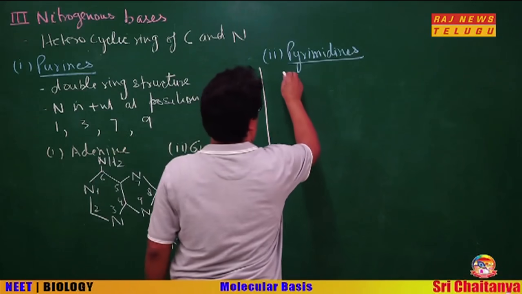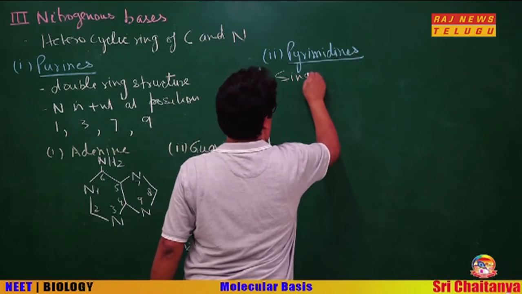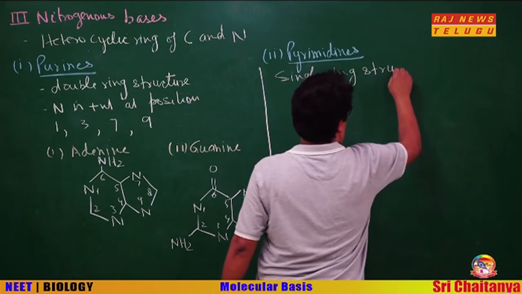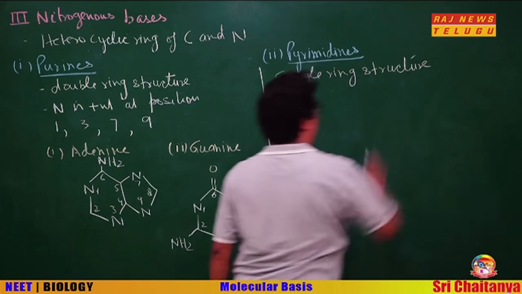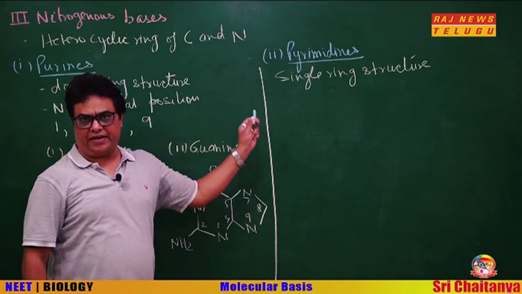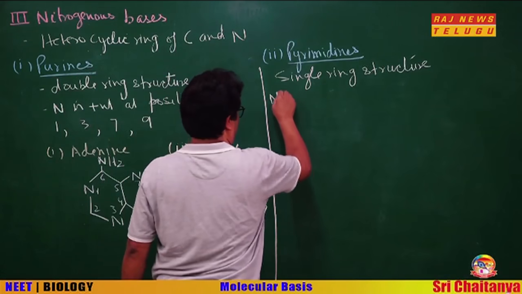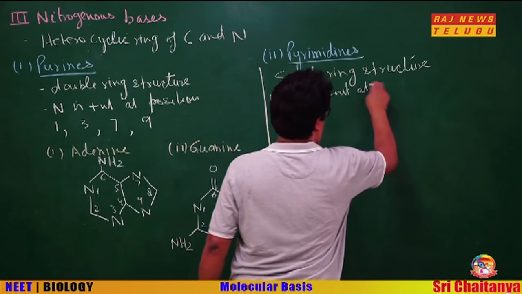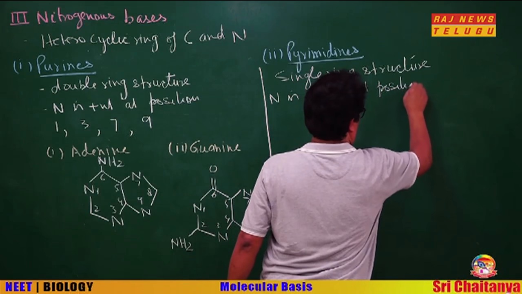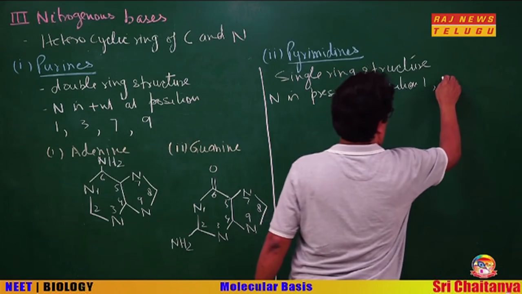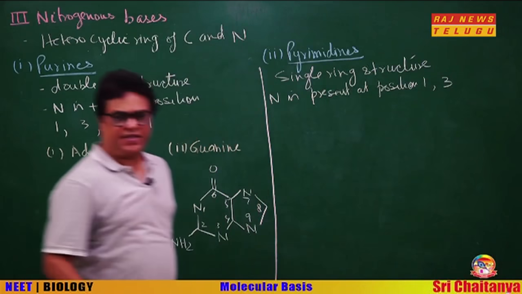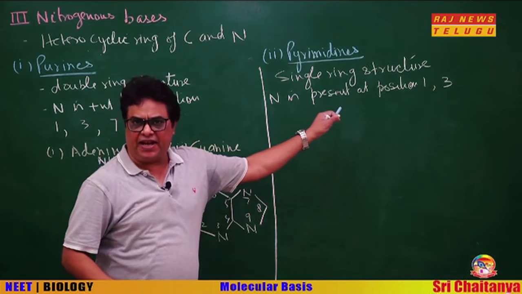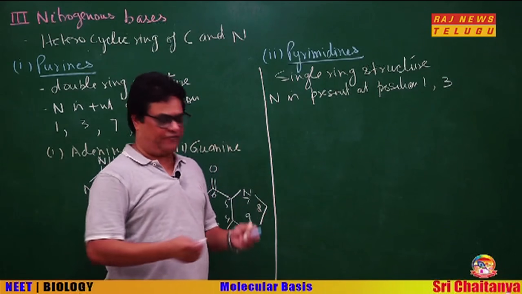They are single ring structure, and this is the pyrimidine ring, and nitrogen is present at position 1 and 3. Single ring structure, pyrimidine ring, and nitrogen present at position 1 and 3. These are of 3 types we have already seen.